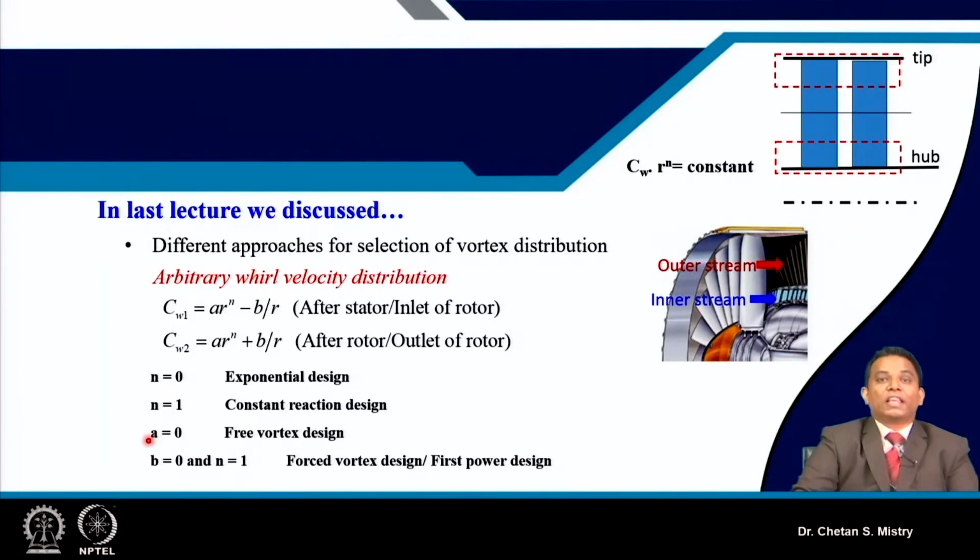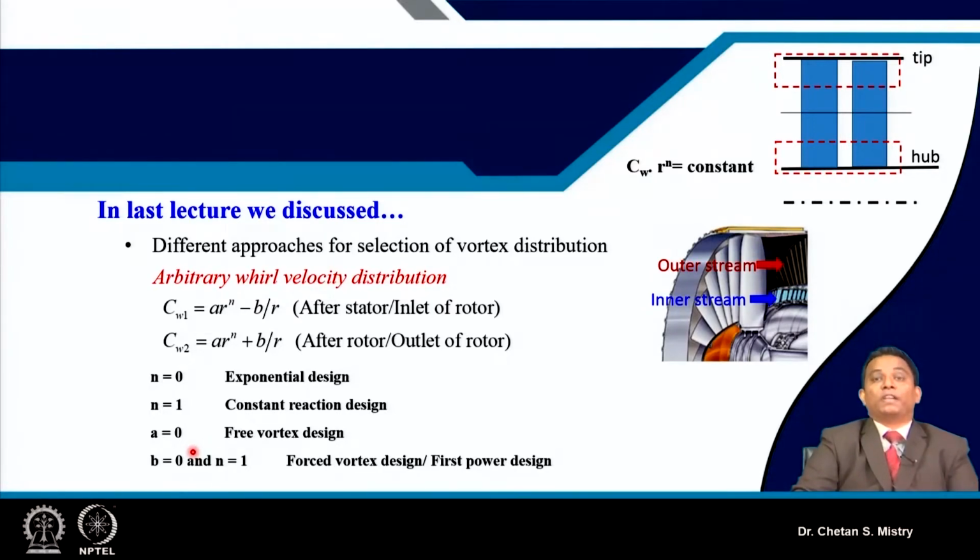When the constant A equals 0, that is defined as a free vortex design. And if B equals 0 and n equals 1, that is defined as a forced vortex design. Sometimes people refer to that as a first power design.